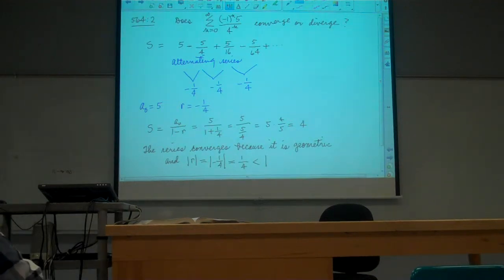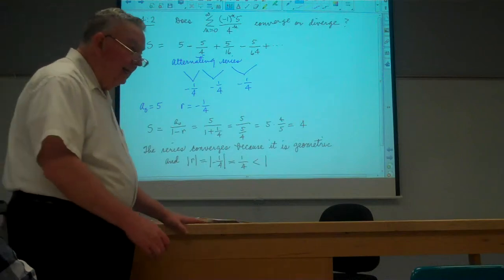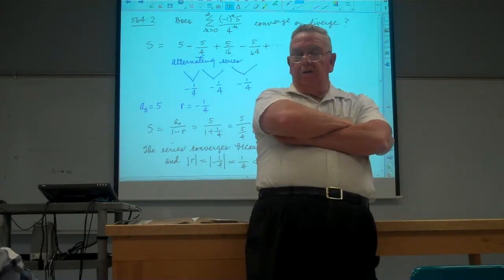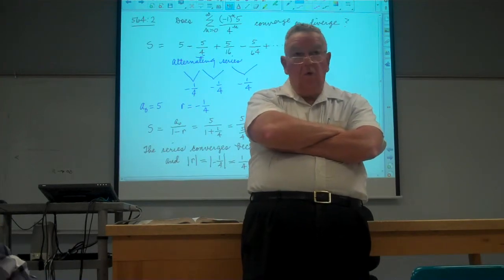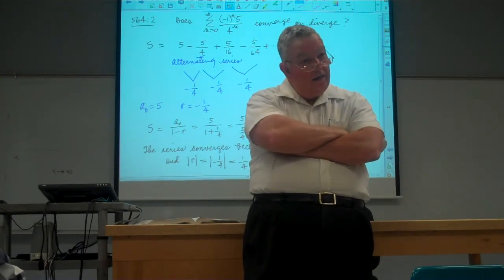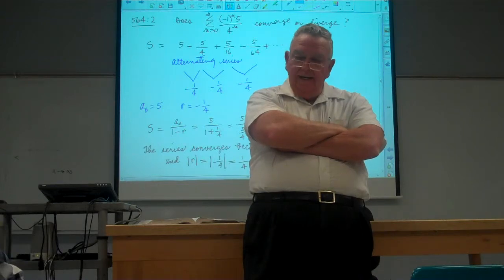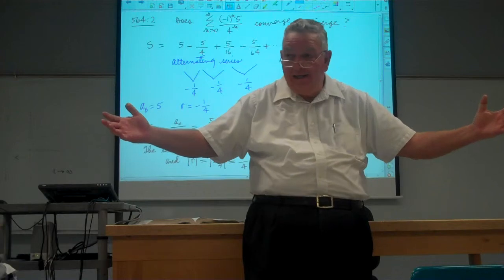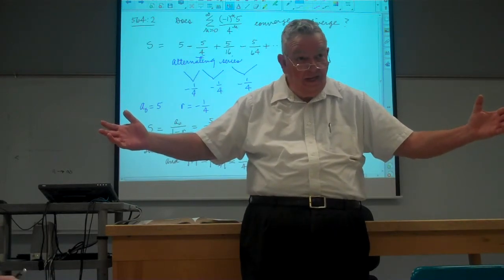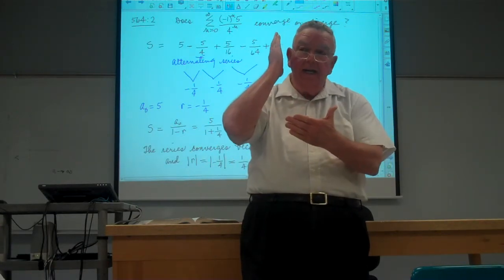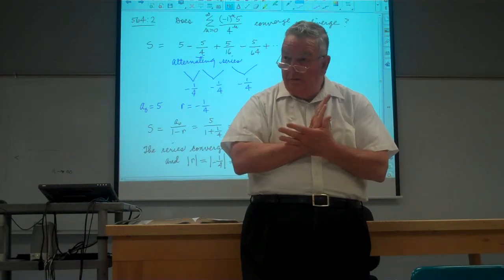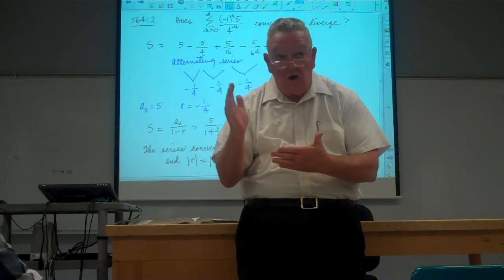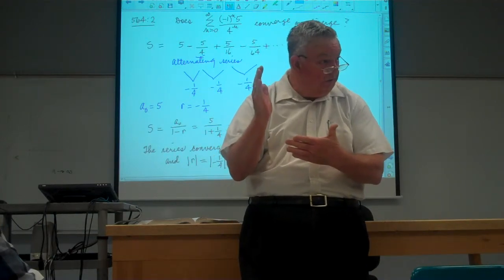Now you know me. First thing, you can't just tell me because R is less than 1. Why? Because there's only one kind of series in all of the series that we deal with that has an R. So you first have to tell me it's a geometric series. And that's what entitles you to use R. Does that make sense to you?